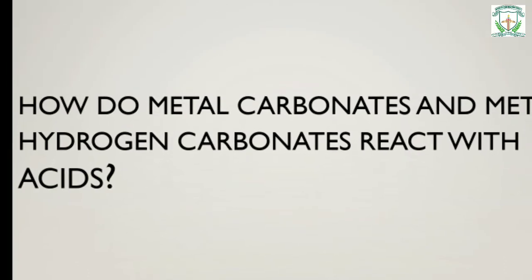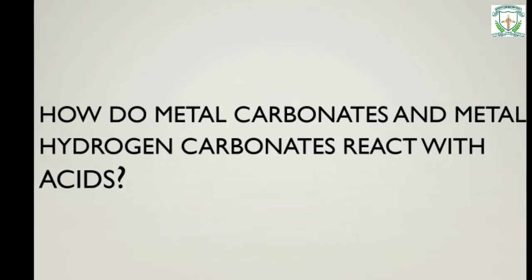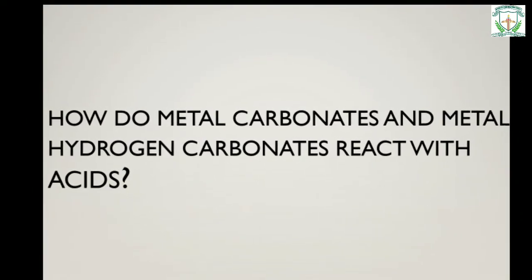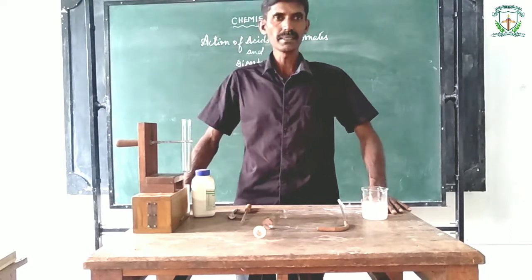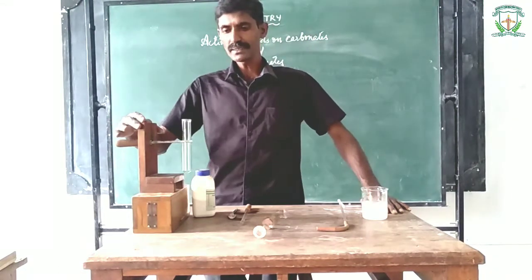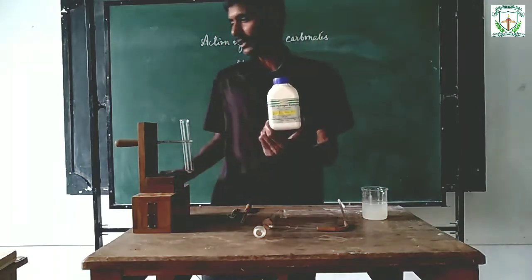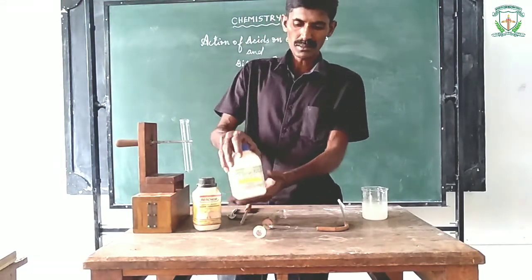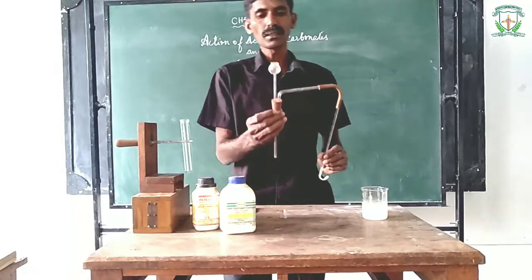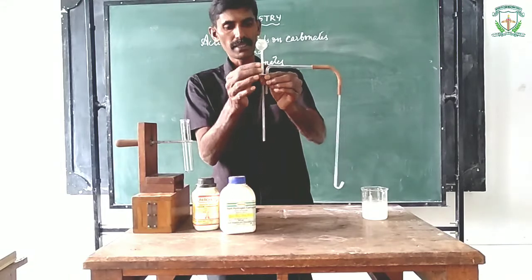Today, in this second session, we will study how metal carbonates and metal hydrogen carbonates react with acids. The materials required in this experiment: stand, test tube, sodium bicarbonate or sodium carbonate, then two-holed cork with delivery tube and thistle funnel.